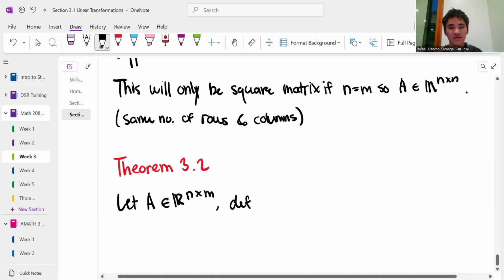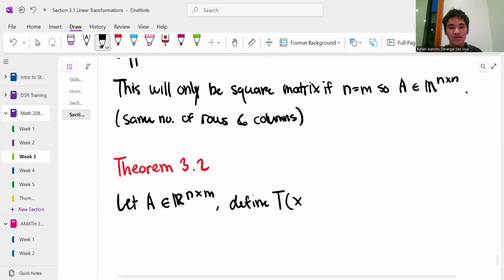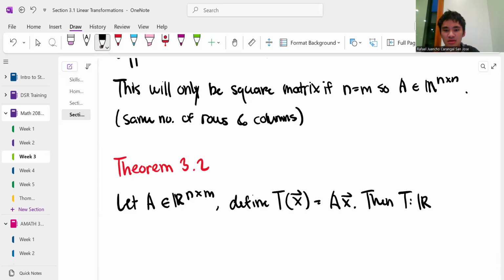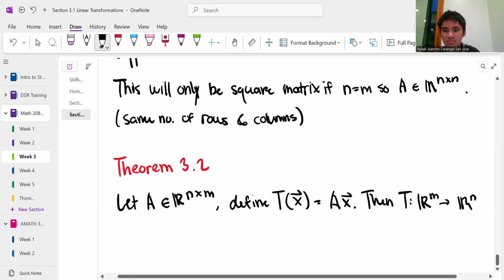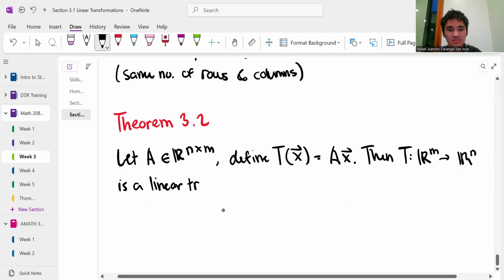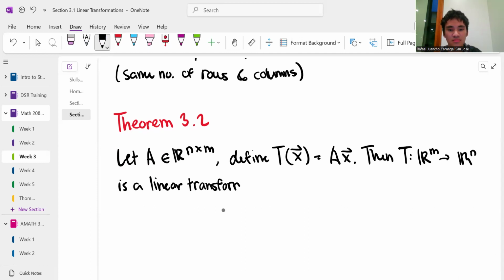And then we define when we transform a vector, which is literally the same as multiplying a matrix by a vector, then T from m to n, we call this a linear transformation, right?